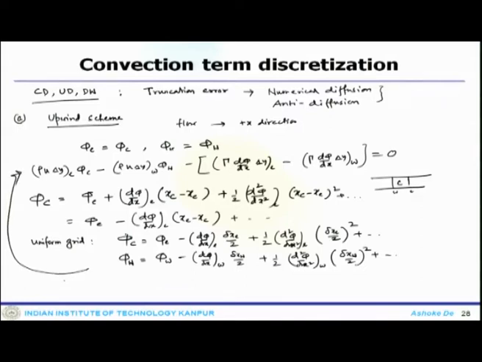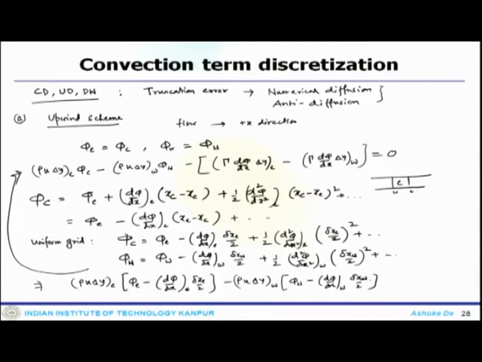the resulting equation becomes, for the left hand side, rho u delta y at E times phi E minus d phi by dx at E times del x by 2, minus rho u delta y at W times phi W minus d phi by dx at W times del x W by 2.